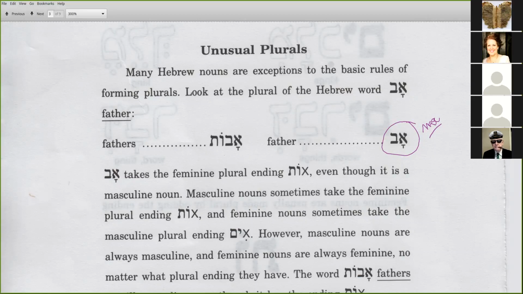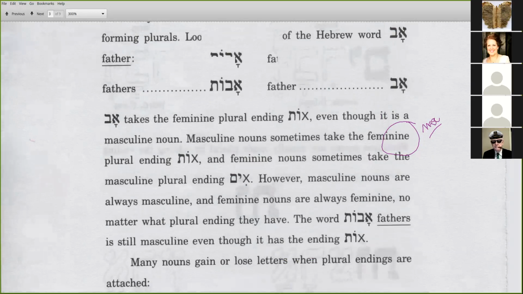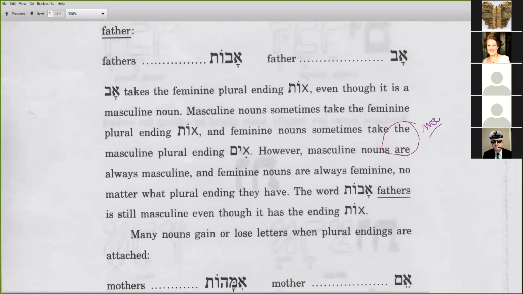So the point they're making here is that in most cases you can get an idea of the gender, but there are some exceptions as well. However, masculine nouns are always masculine and feminine nouns are always feminine, no matter what plural ending they have. So, for example, the word avot, meaning fathers, is still masculine, even though it has the ending ot.